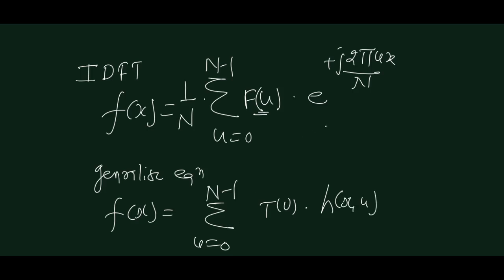Now here we got this kernel representation. For this we have written h of x comma u. T of u is the transform domain signal. Already we have a one dimensional signal. So once again, the kernel is important. This kernel has two variables, x and u.